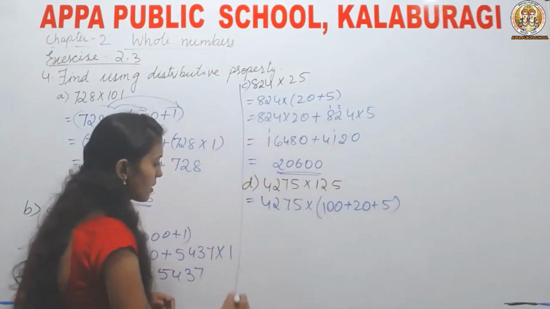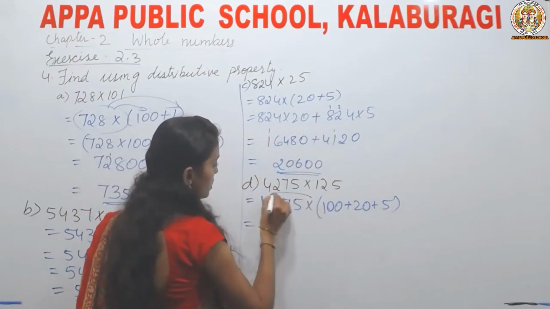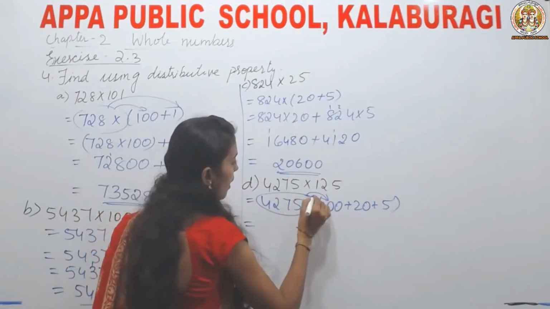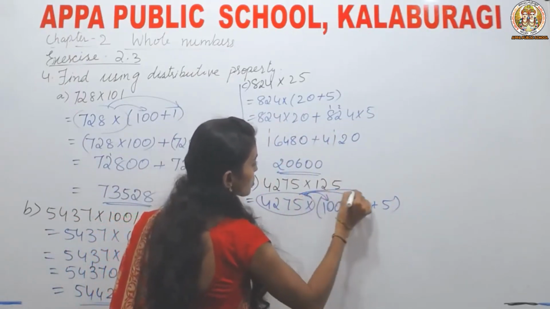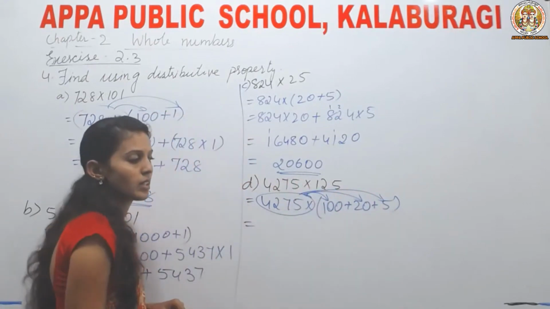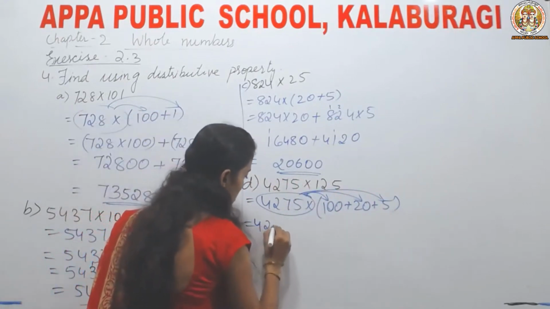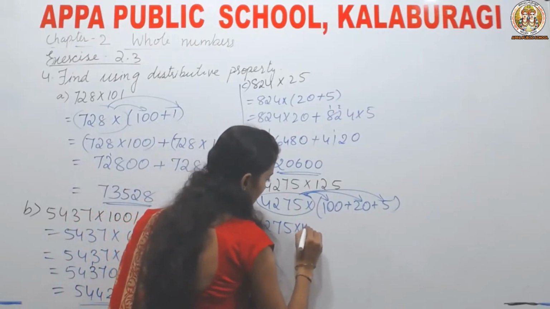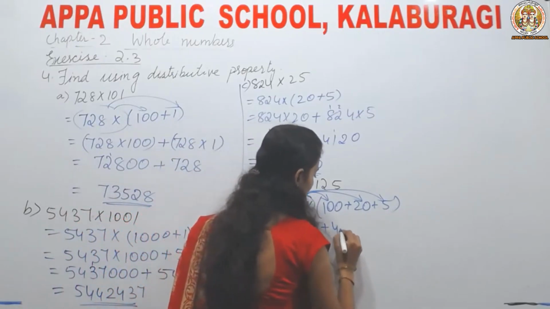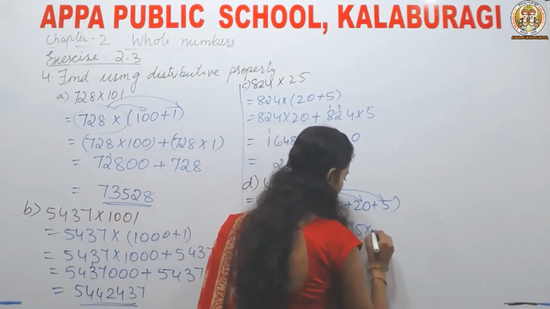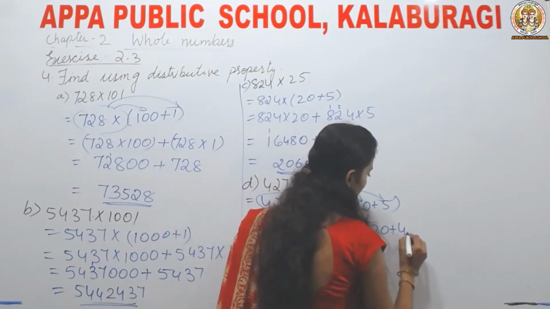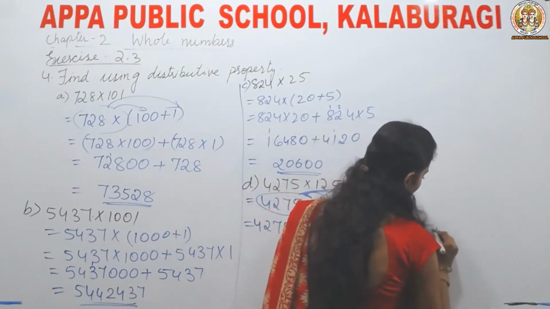Okay. Now distribute this one to all numbers those who are inside the bracket. So 4,275 into 100 plus 4,275 into 20 plus 4,275 into 5.